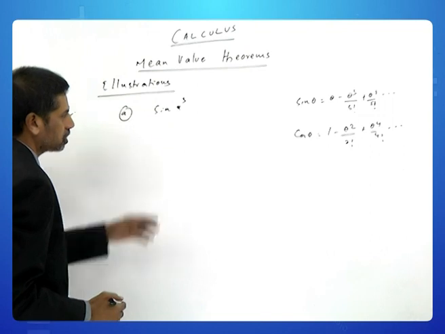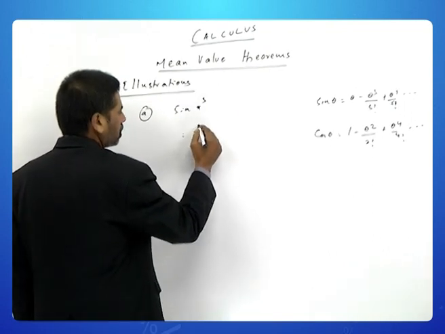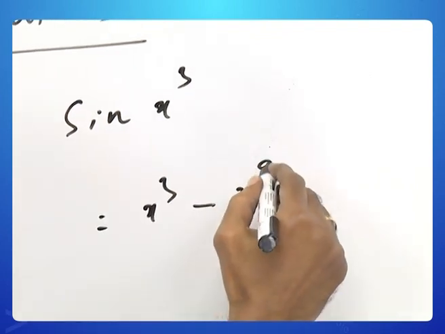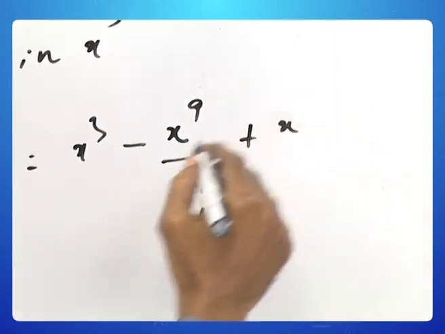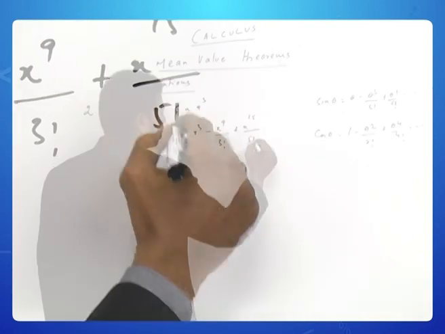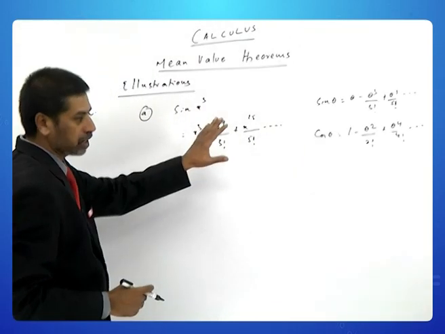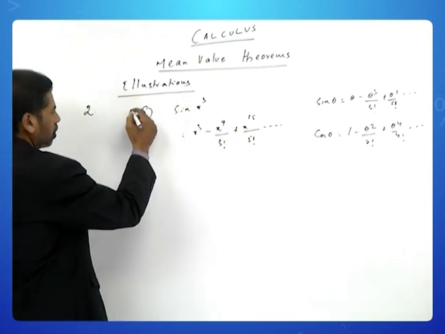So, if you take sin x cube expansion, you will have x cube minus x to the power of 9 by 3 factorial plus x power 15 by 5 factorial and so on. So, you can clearly see the odd powers are occurring in the expansion. So, definitely option A should be all right.